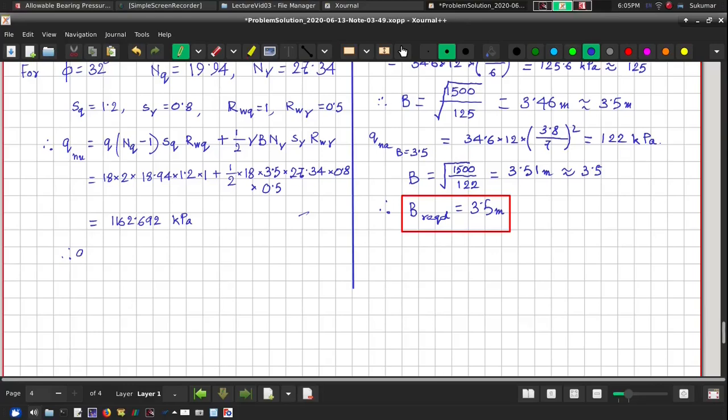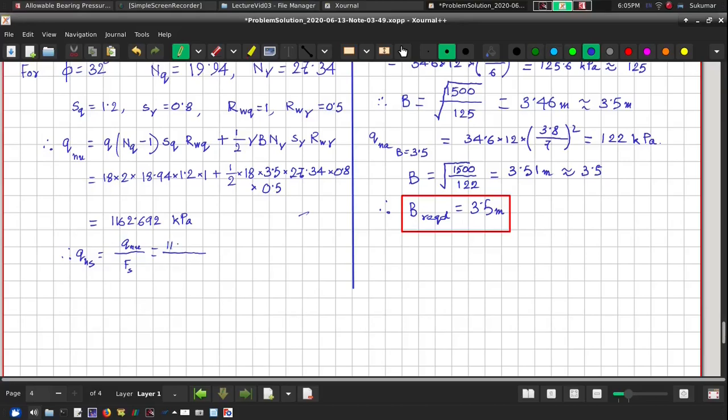So QNS will be QNU by factor of safety, and I will use factor of safety equal to 2 now.